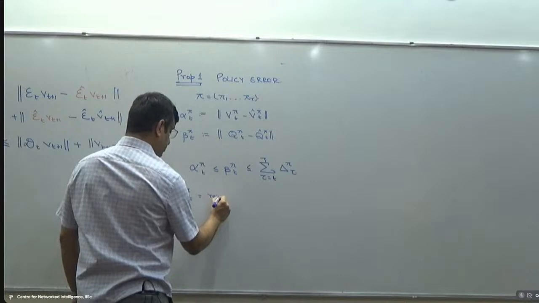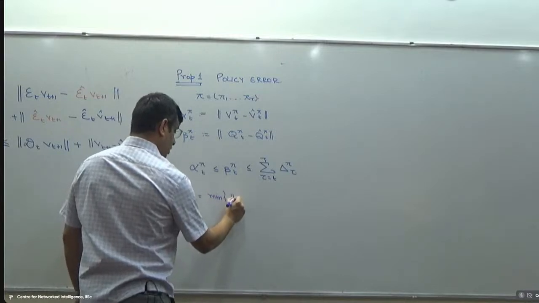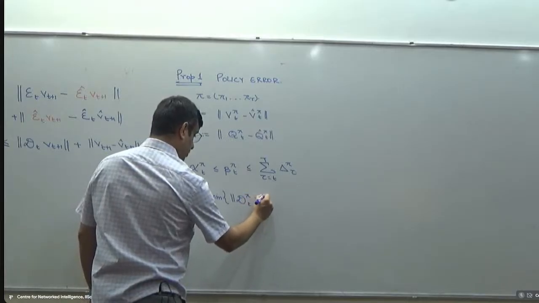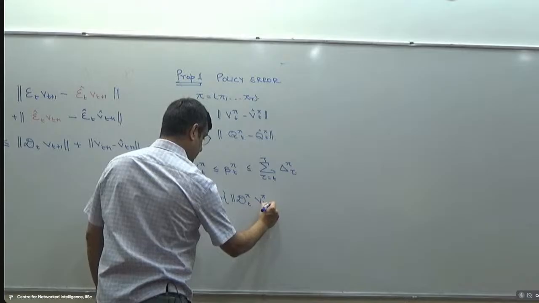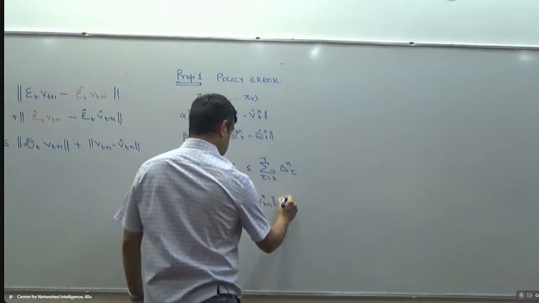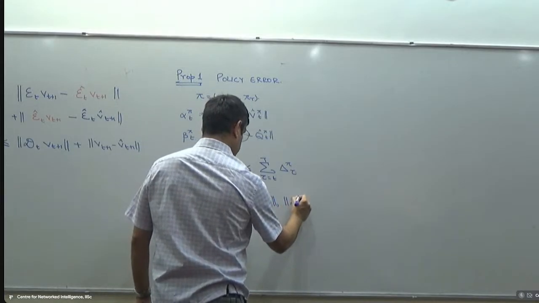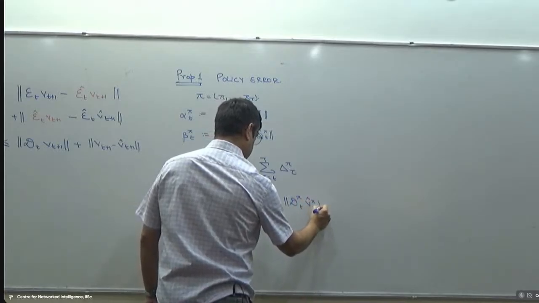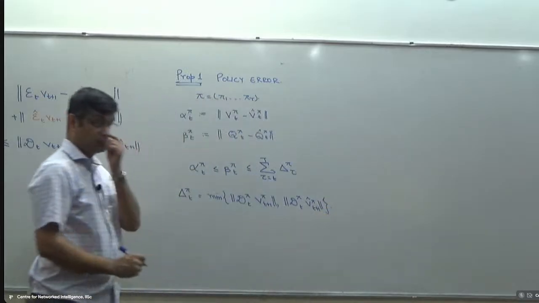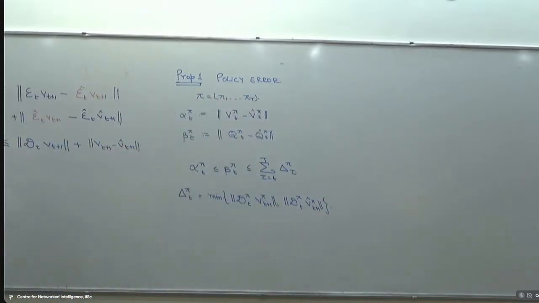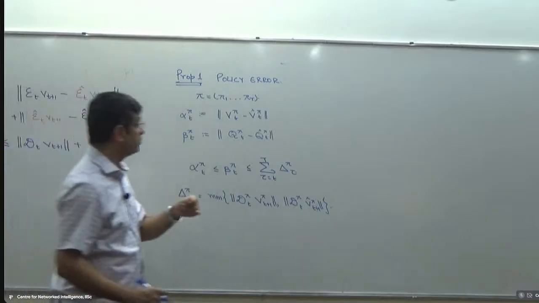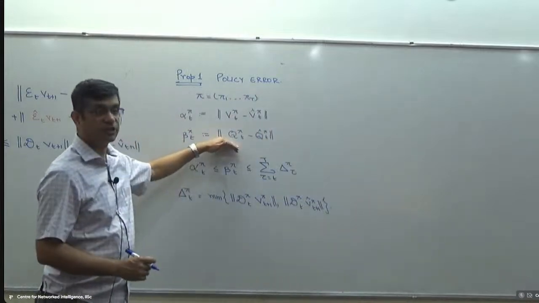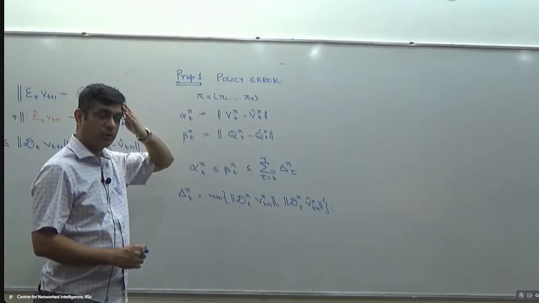This is the minimum of the norm of the Bellman operator pi t applied on v pi t plus 1, or the mismatch operator pi t applied on v hat pi t plus 1. Okay. So I'm using small q's, just what I had defined here. In my dynamic programming, I'm always using capital Q for the solution of the dynamic program.